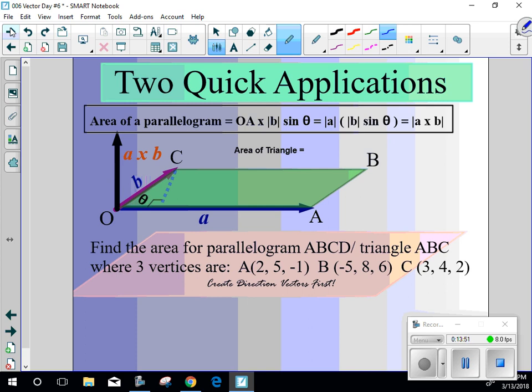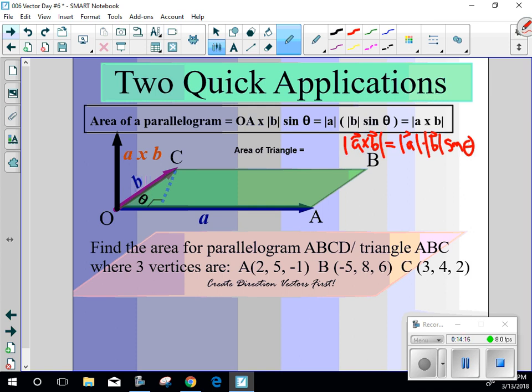Remember I told you that if you took the magnitude of the cross product, in other words, the answer, and then found the magnitude of it, it would be the same as the magnitude of A times the magnitude of B times the sine of the angle. Do you like it when math comes together a little bit? Let's say I wanted to find the area of a parallelogram.